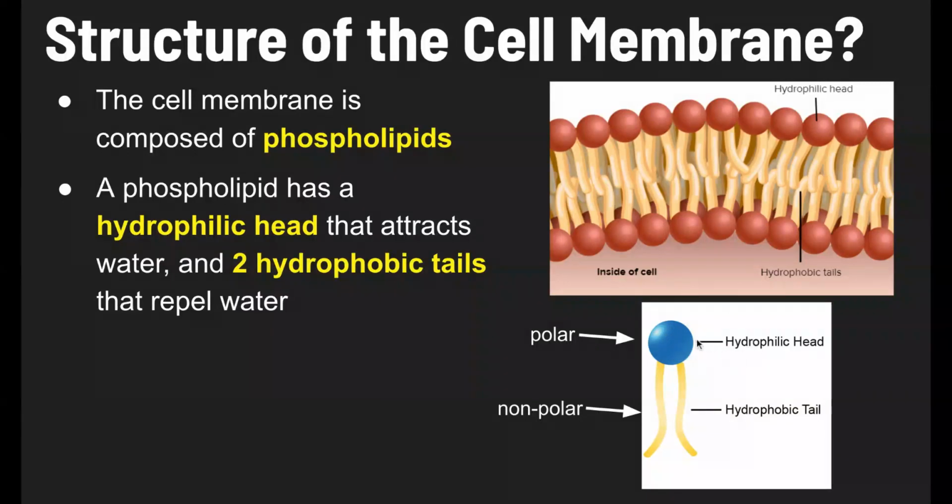Hydrophilic means water loving, literally. So this part attracts water. And then the two hydrophobic tails, those are made of lipids, which are fats, and these repel water. That's why they're hydrophobic. And you can see that there's two tails.